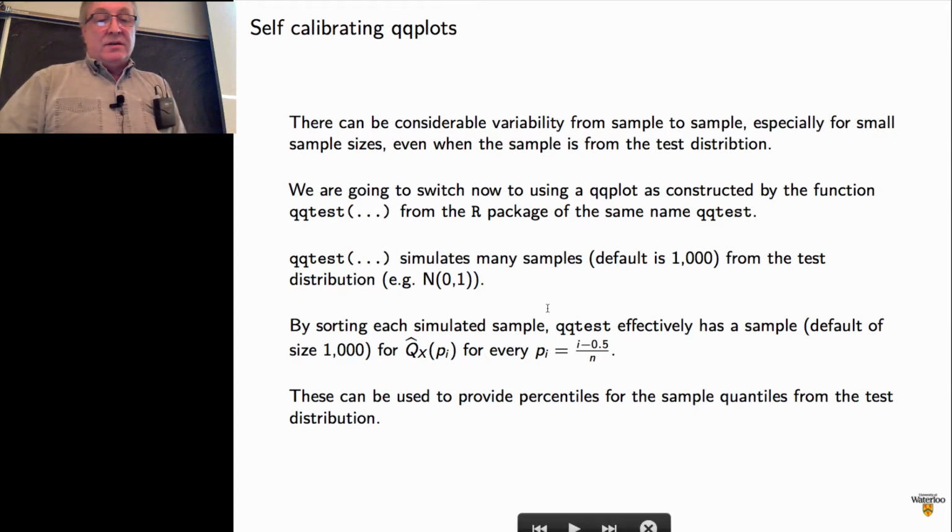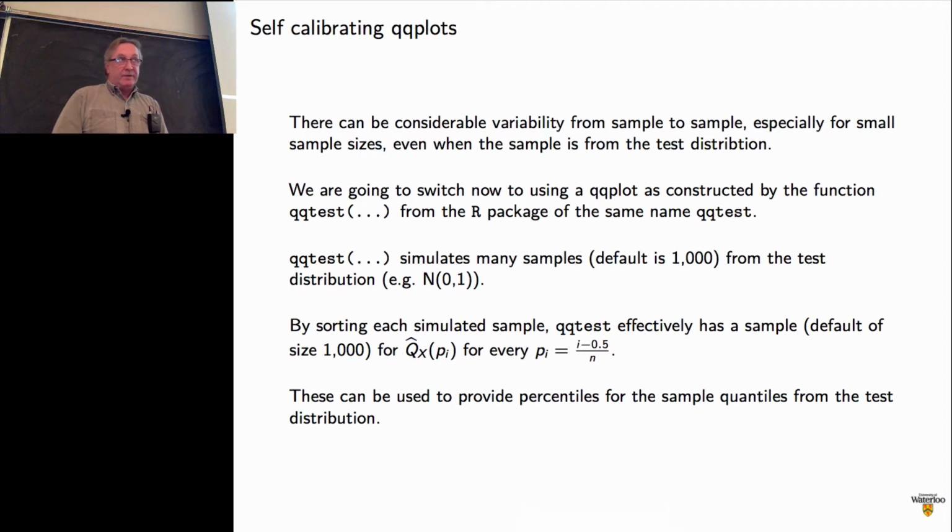And then for each sample, we will have a corresponding sample quantile, right? So for each sample, I'll have the ordered data, which means I've now got 1,000 replications of the smallest value from a sample of size n, 1,000 repetitions of the second smallest value from a sample of size n. So I can use these to get how unusual these things are.